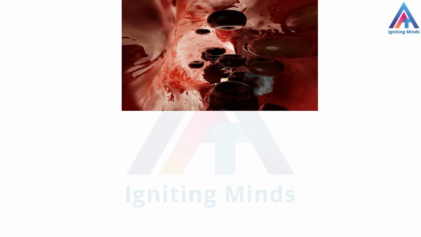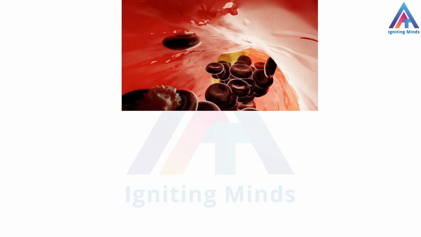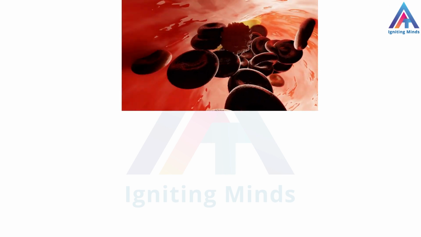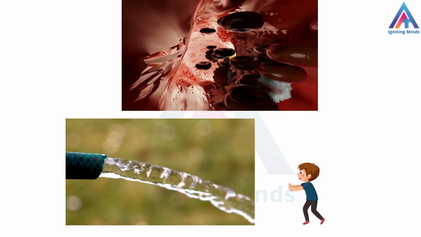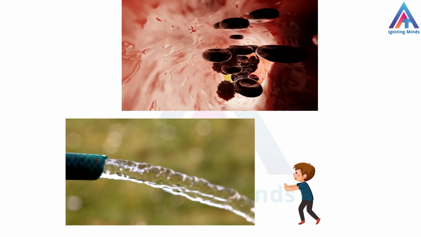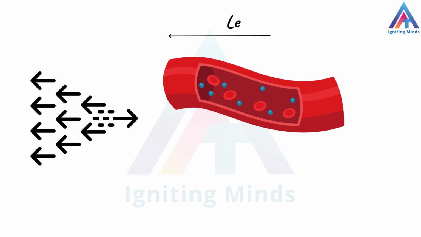SVR, also known as total peripheral resistance, is the amount of force exerted on circulating blood by the vasculature of the body. Vascular resistance refers to the effects of vascular tone and blood viscosity on flow through a blood vessel.